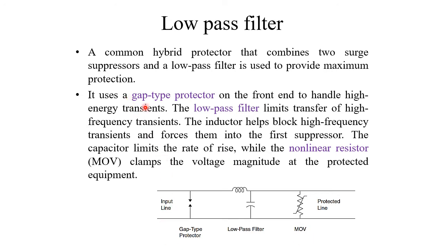The gap type protector on the front end handles the high energy transients, the low pass filter with the inductor filters the high frequency transients, and the final one, the non-linear resistor, clamps the voltage magnitude at the equipment end, at the load side. So this provides better performance when compared to the previous one.